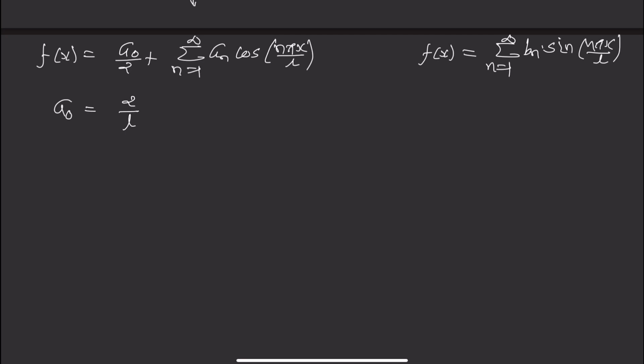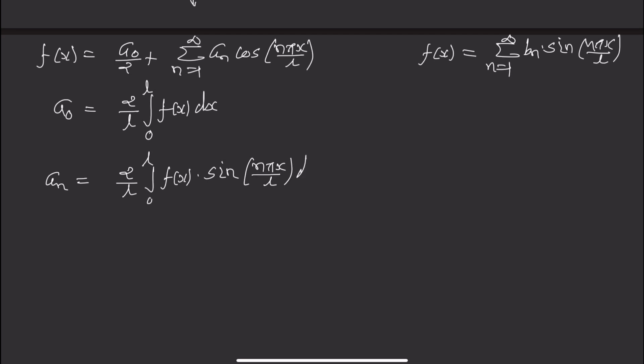A0 is this. For even function, you know that this is defined for 0 to L f of x dx. And what is an? An is 2 upon L integration 0 to L f of x into cos n pi x upon L dx. Here we have bn, which is 2 upon L integration 0 to L f of x into sine n pi x upon L dx.